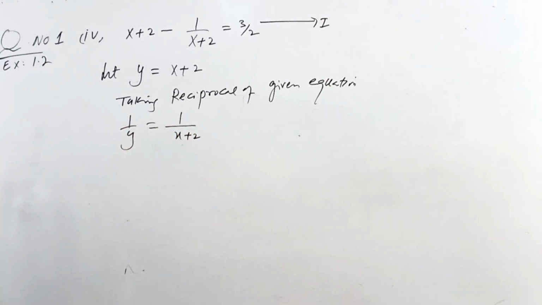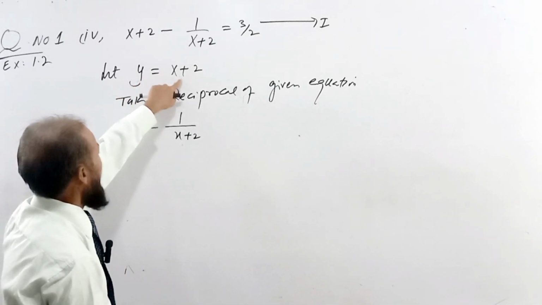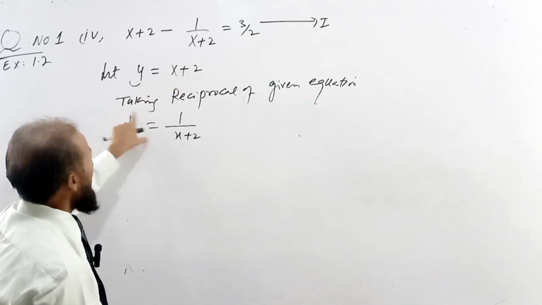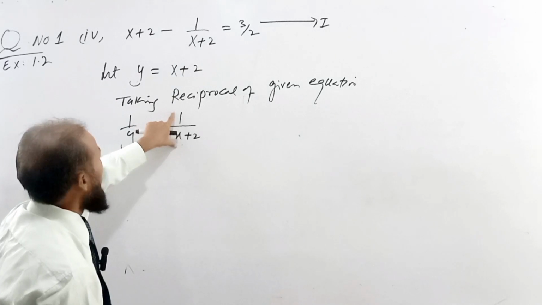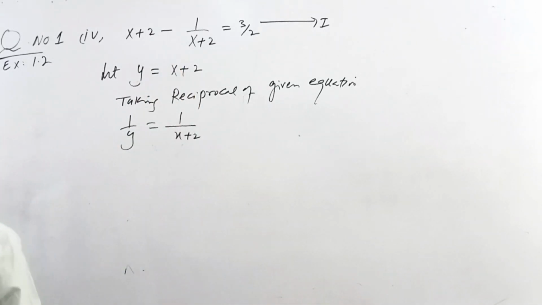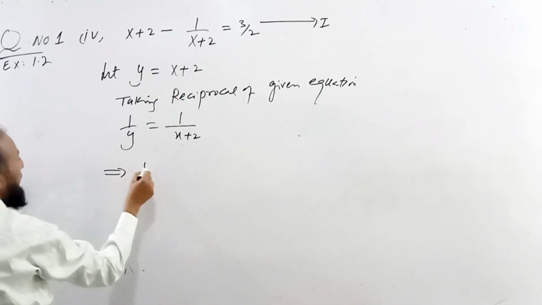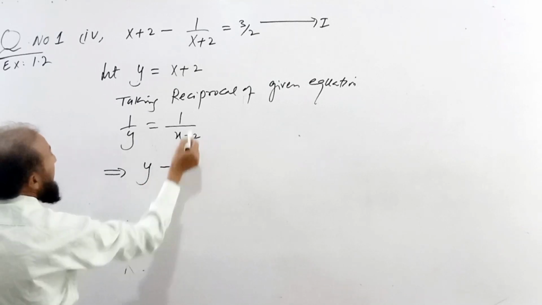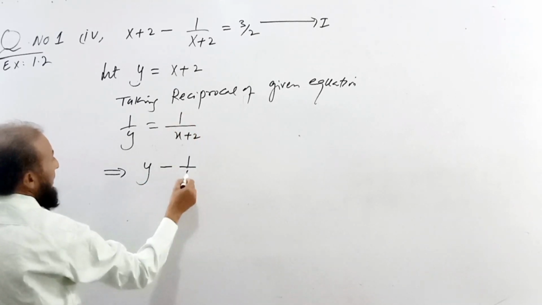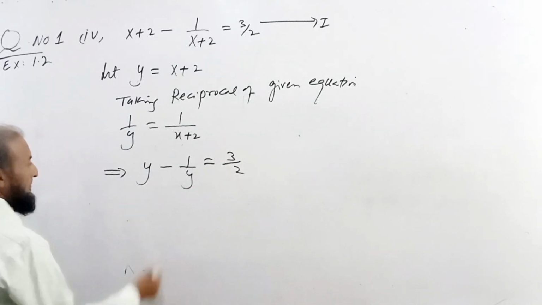Now we substitute the values of y is equal to x plus 2 and 1 over y is equal to 1 over x plus 2. We replace the above equation. Now look here, x plus 2 is equal to y, so this will reduce to y minus 1 over y is equal to 3 by 2. Now we take LCM.